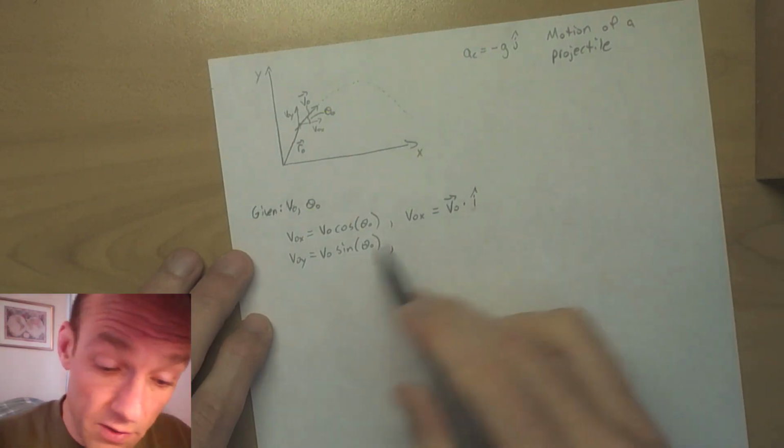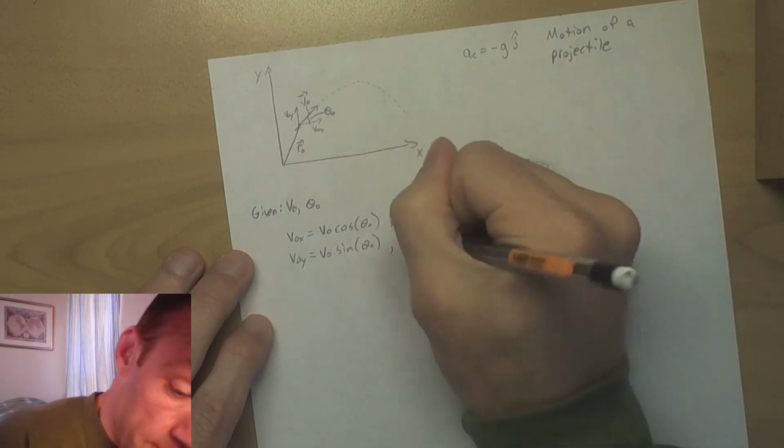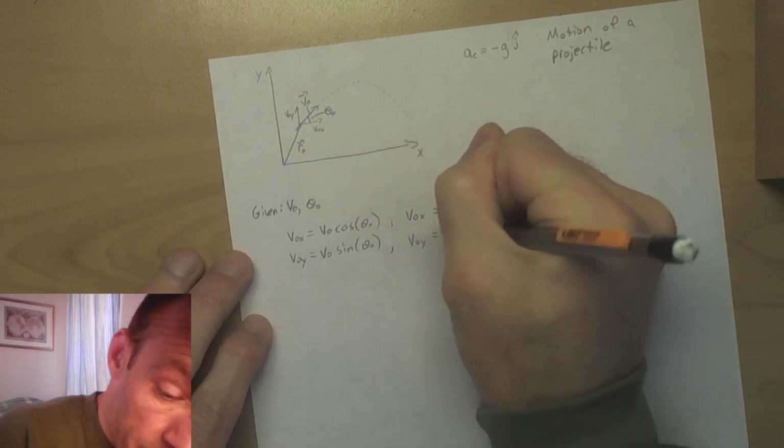This is the unit vector in the direction of x.